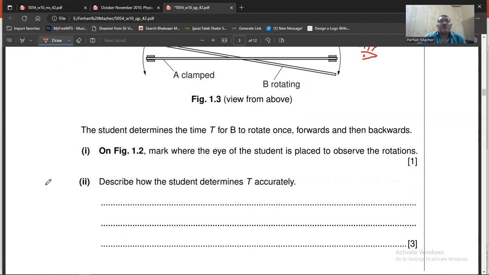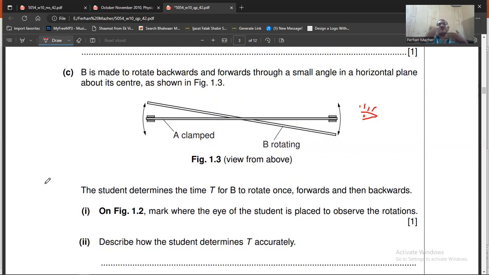Describe how the student determines T accurately. You will swing the meter rule B, and after 2-3 swings, when the swinging becomes smooth, and it is at the center, then start counting. It comes here, then goes back, and this is 1, 2, 3, 4, 5, 6, 7, 8, 9, and 10.